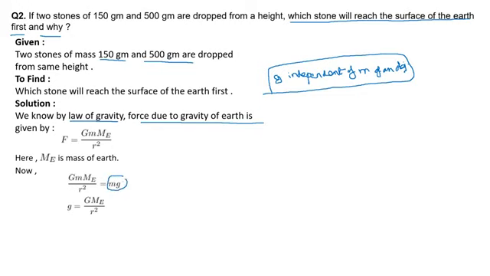If you have to find out the value of g, keep g at one place and m will go down. When m goes down, this m will get cancelled. So what I am getting is g equals G Me over R square. With this formula, we can make out that small g is not depending upon the mass of an object.